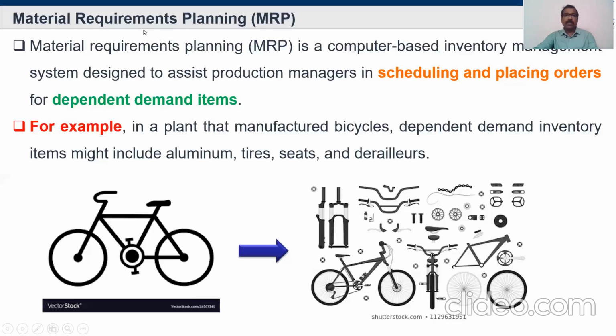So material requirement planning is all about scheduling and placing orders for the dependent demand items. These component orders will be scheduled and placed by the production manager with the help of the inventory management system software. Simply, we call this material requirement planning. Clear? Scheduling and placing orders for what we need, the individual components.